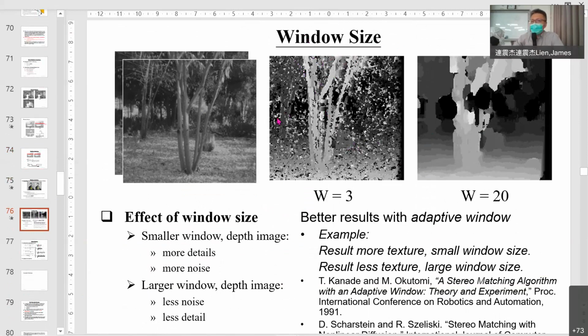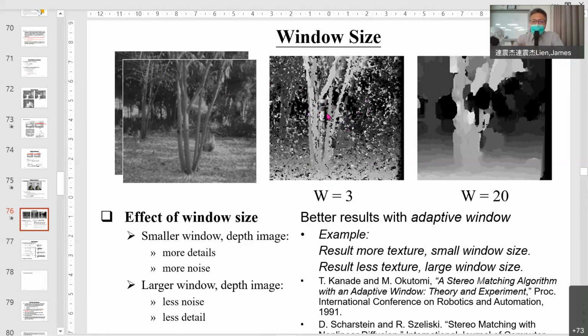Actually, window size is similar to your filter size. You have to find corresponding points within the window. If your window size is 3x3, from left to right, your results have more detail, but it's piece by piece.